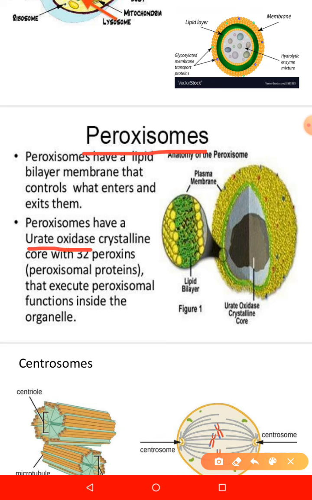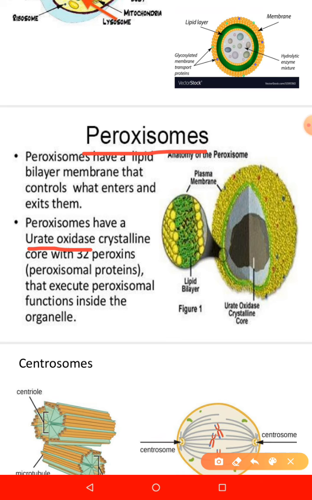Now, what are the functions of these peroxisomes? I can mention about 5 functions. They break down excess fatty acids. That's number 1. They detoxify hydrogen peroxides and other metabolic products. They are involved in number 3, acceleration of gluconeogenesis.